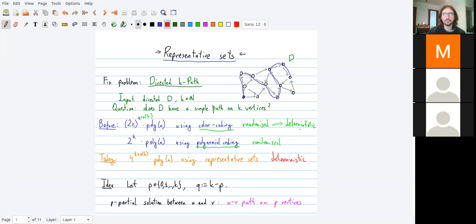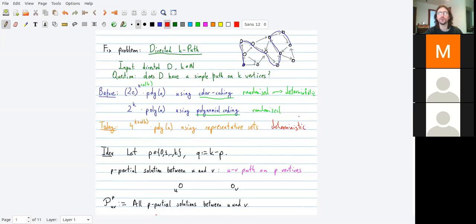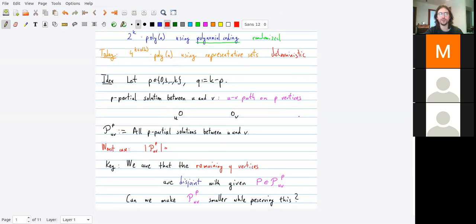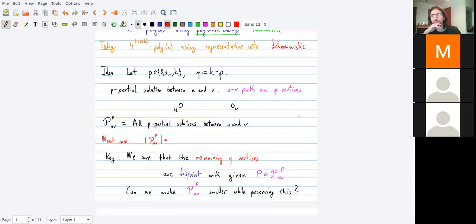So representative sets is a technique that applies to the same kind of problems, but it is an inherently deterministic technique. It yields slightly worse running times, but has better properties, and it is significantly different. So let's try to get some intuition about how the technique will actually work.